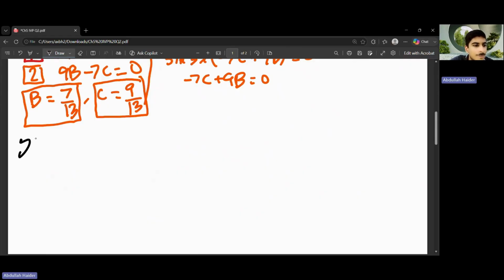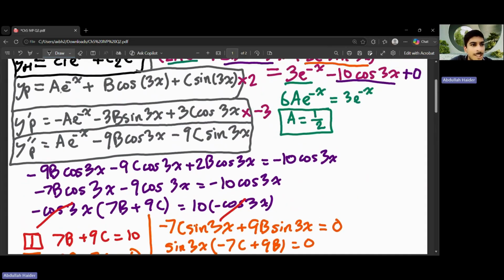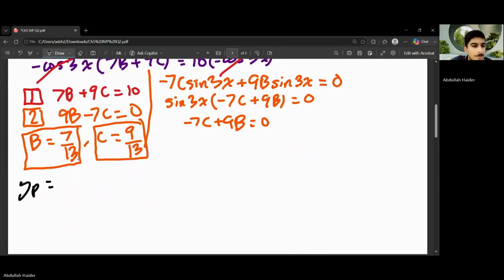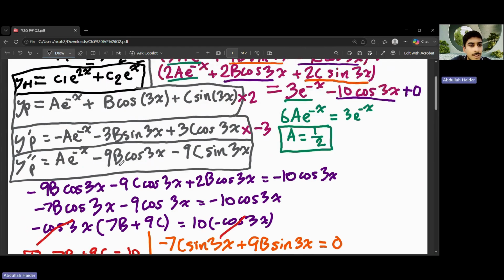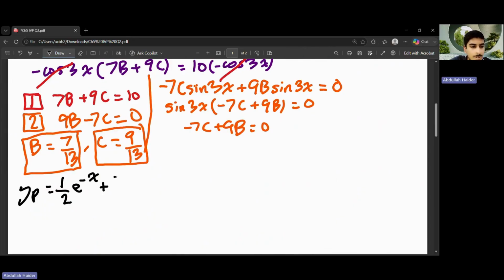So you have your YP is equal to e power minus x. A is 1 over half, so 1 over 2, 1 over 2 e power minus x. Then b cosine 3x, 7 over 13 cosine 3x.